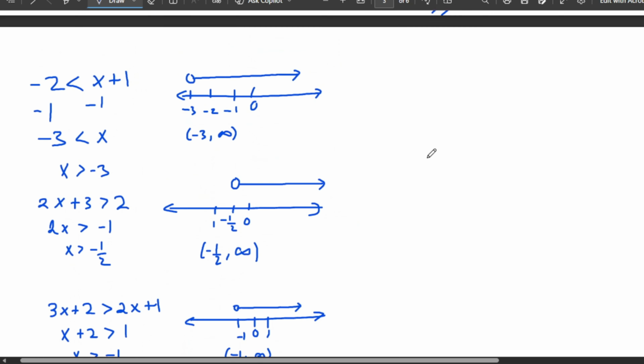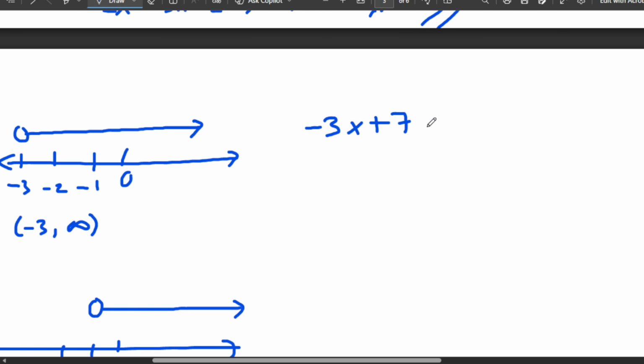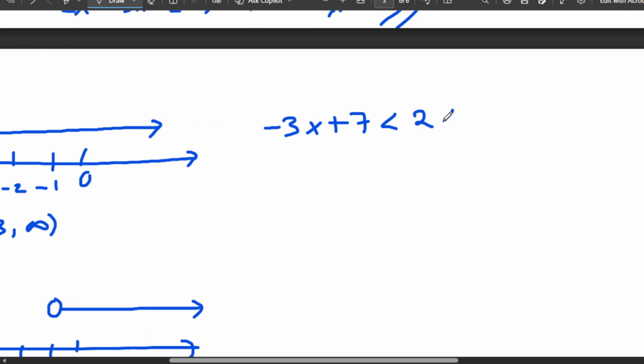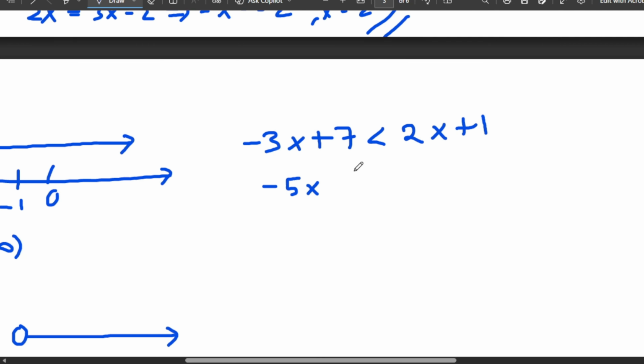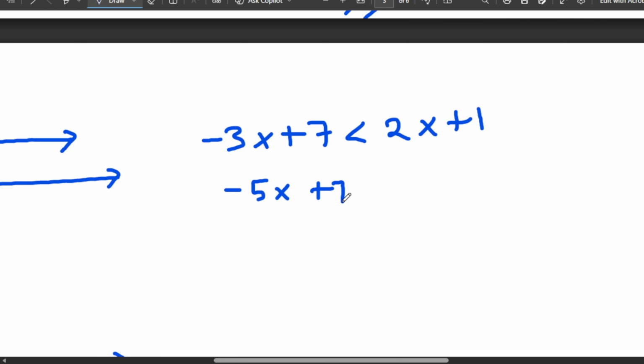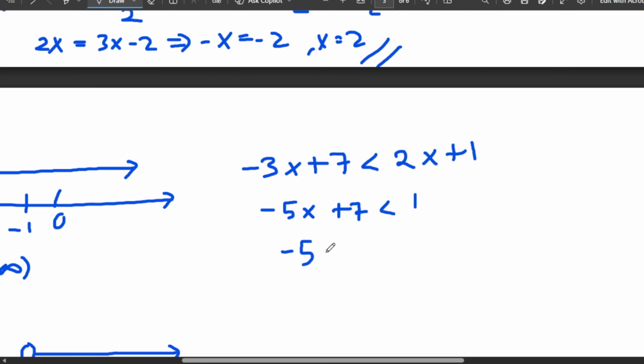Okay, how about we have, let's say, negative 3x plus 7 is less than 2x plus 1. We solve for x: we have minus 5x, and then plus 7 is less than 1. So minus 5x is less than negative 6.